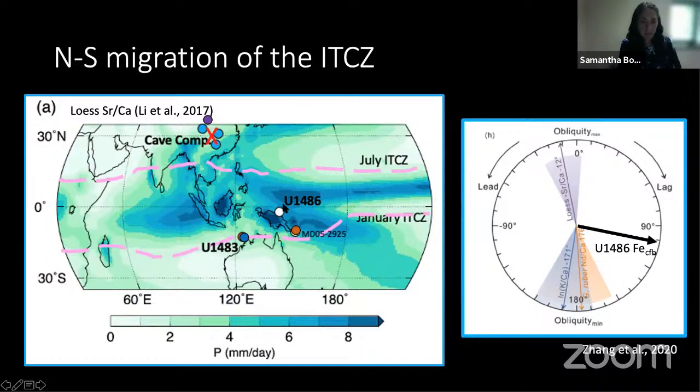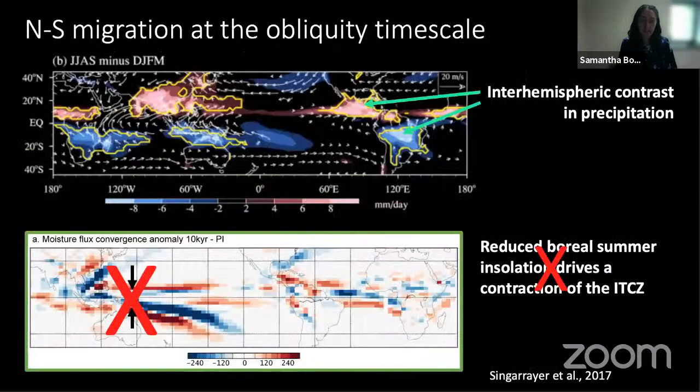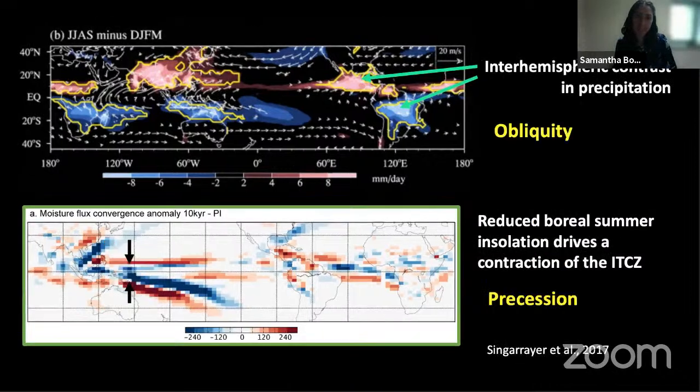So we're still working on the precise mechanism for driving rainfall at our site at the obliquity timescale, but it's not inconsistent with what has been shown previously of a north-south migration being the modality at the obliquity band. All right, so obliquity, we see this north-south asymmetry, and at the precession band, we see an expansion and contraction.